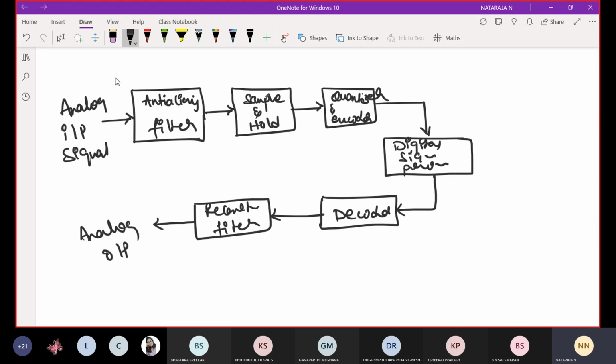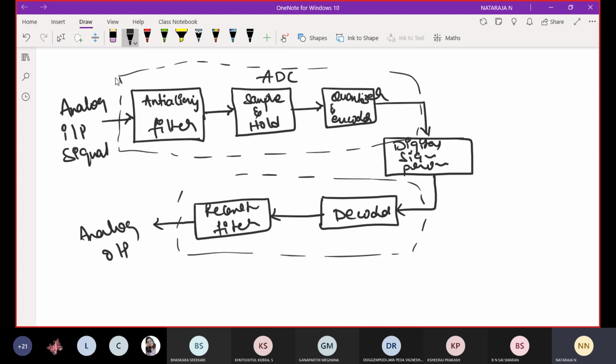The upper portion of this block diagram discusses the ADC, analog to digital converter. The lower portion discusses the digital to analog converter. Here I am going to get digital data in the form of ones and zeros.